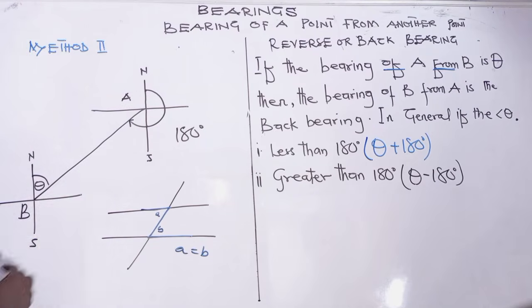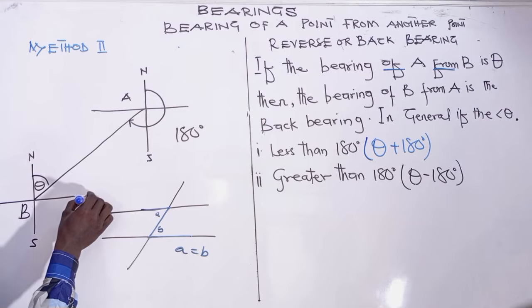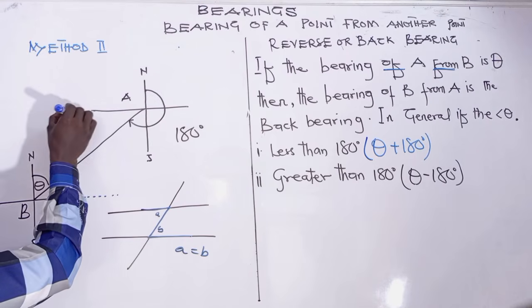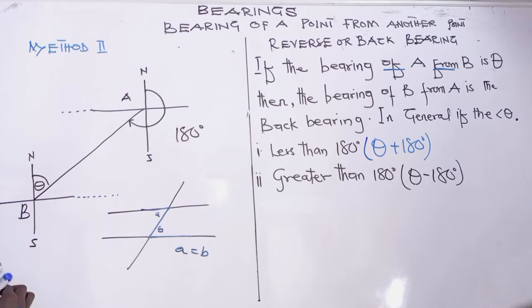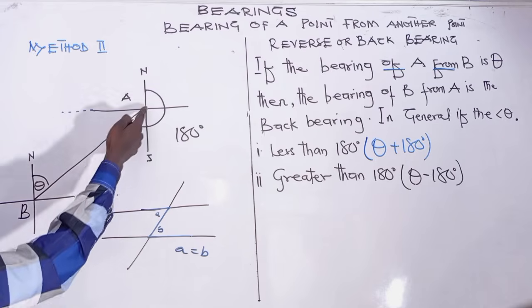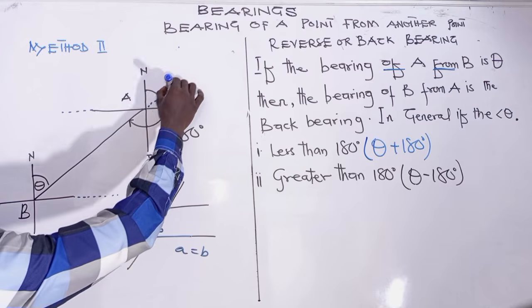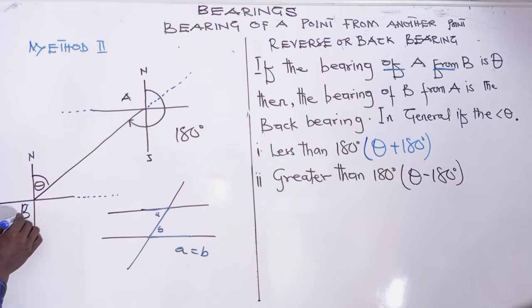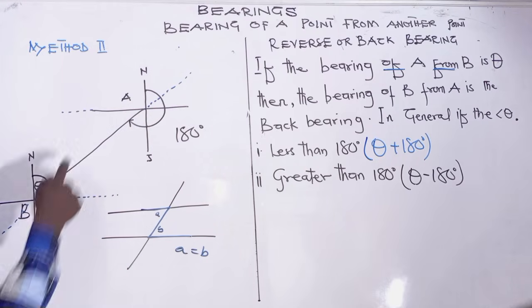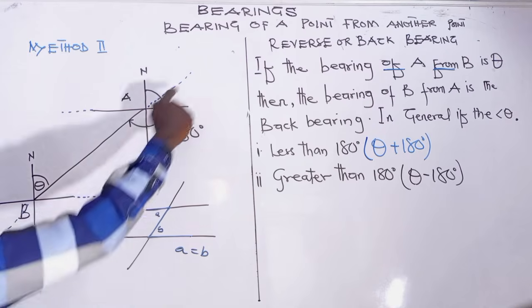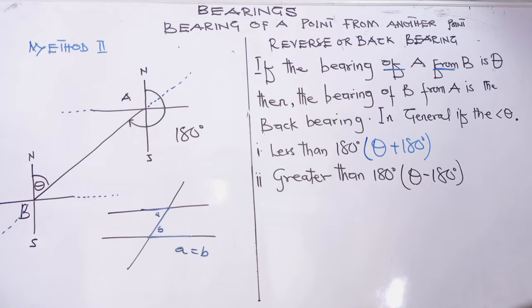Now with this diagram, when we extend this line and then we extend this line, you can see that we have two parallel lines being intersected by a transversal line, and therefore we can use the alternate angle concept to find this particular angle.